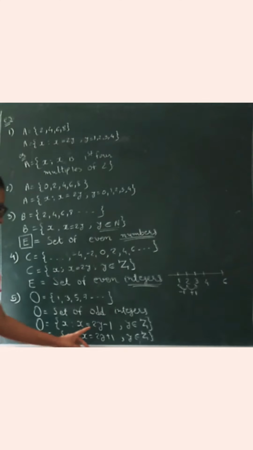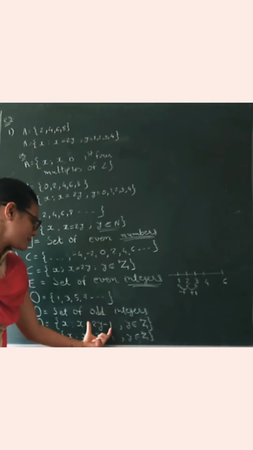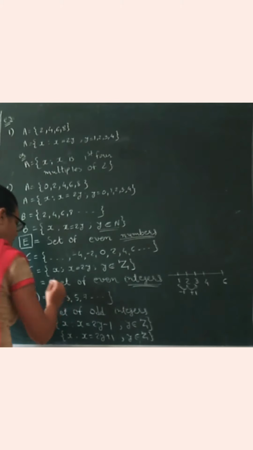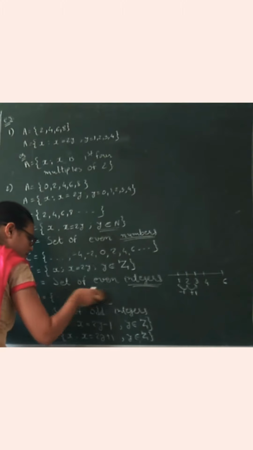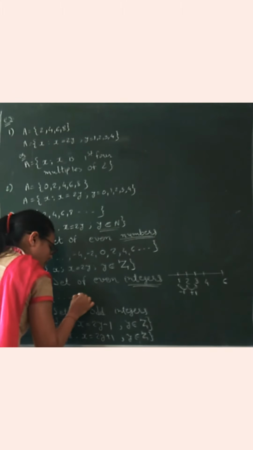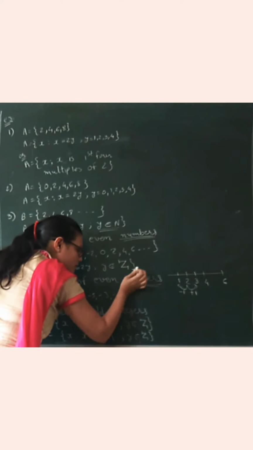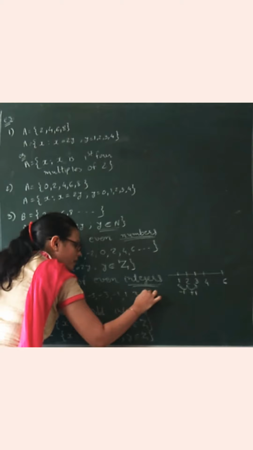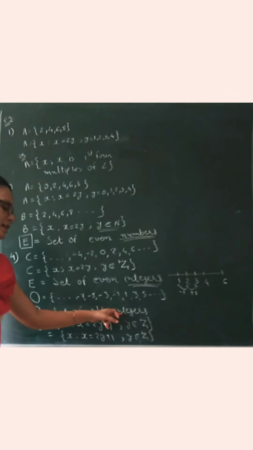How? देखिए, अगर 2y minus 1 लिया, then also your set is same. Okay, I am taking all odd integers. So I can take minus 7, minus 5, minus 3, minus 1, 0 नहीं आएगा, 1, 3, 5, so on. Okay, so this is my set of odd integers.